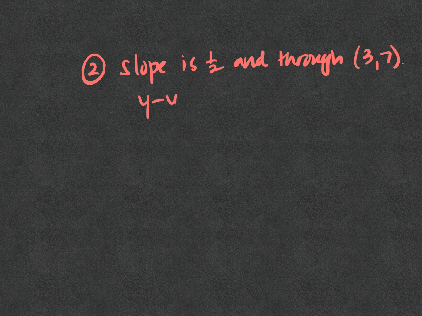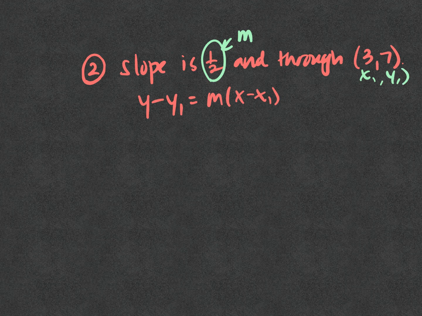So we say y minus y1 equals m times x minus x1. And let's label what we have. This right here is our slope, so it's m, and this is x1, y1. Now we can plug into the formula. y minus y1, which is 7, equals m, 1/2, times x minus x1, which is 3. So y minus 7 equals 1/2 x.